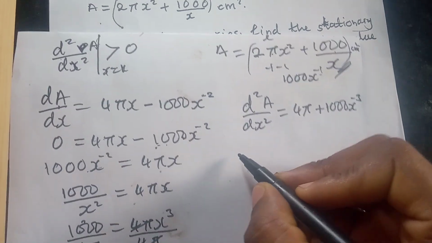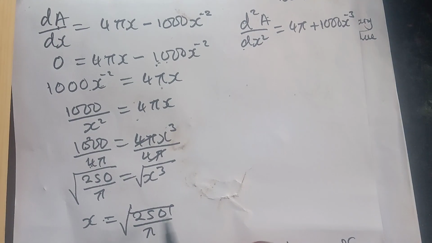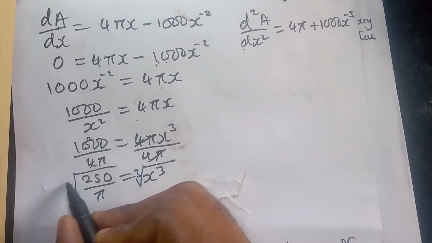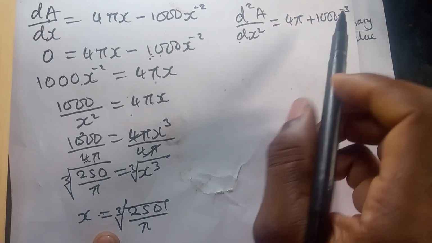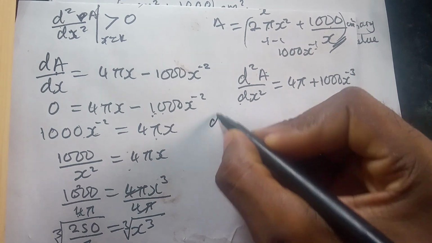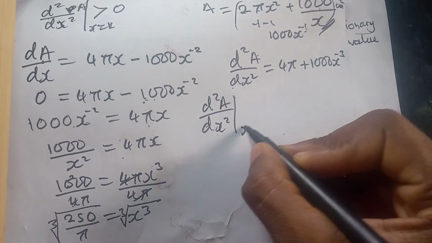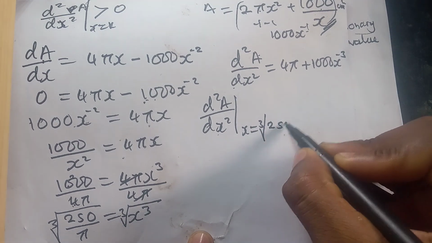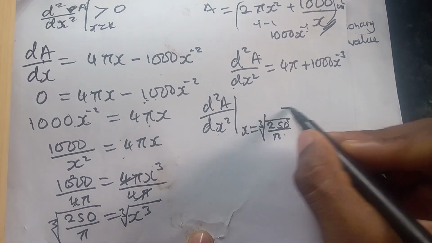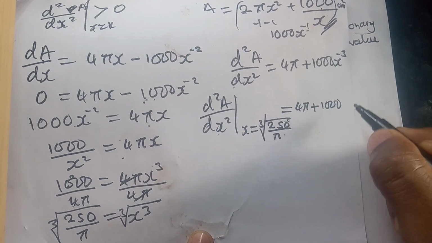So now we can find the d2A/dx2 when x is equal to this. Of course, this is not the square root, it's supposed to be the cube root. And I'm glad I didn't use my calculator because of that. So the d2A/dx2 when x is equal to the cube root of 250 over pi will be 4 pi plus 1000.